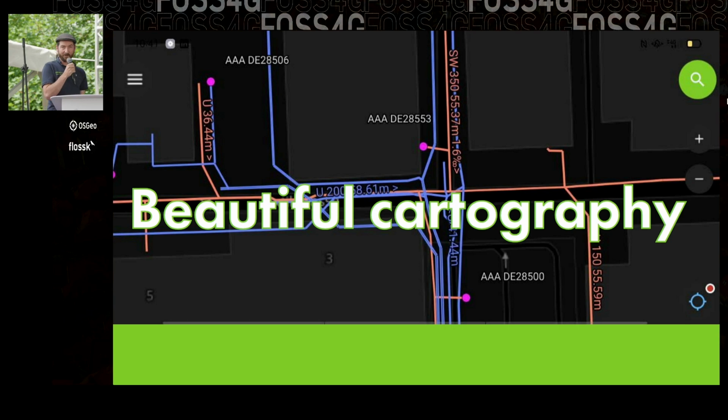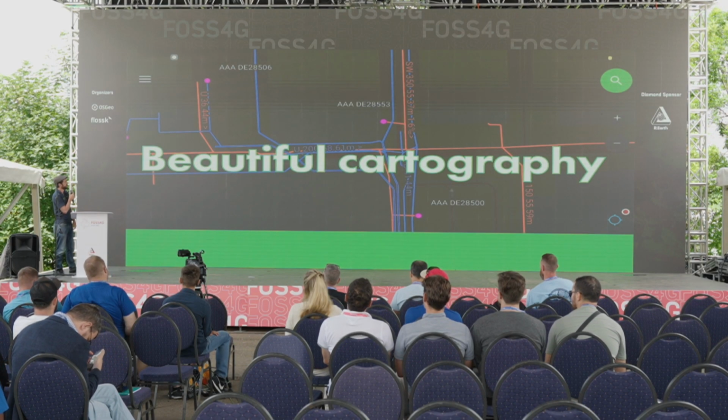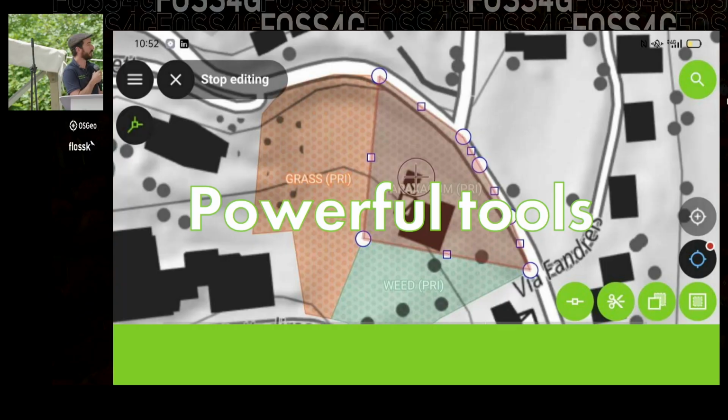There's beautiful cartography inside, which is not actually QField's fault, but QGIS' fault. And it's great that QGIS just delivers still, and even every year a bit better cartographic possibilities. And I've seen some amazing maps being produced. We have powerful tools inside QField.